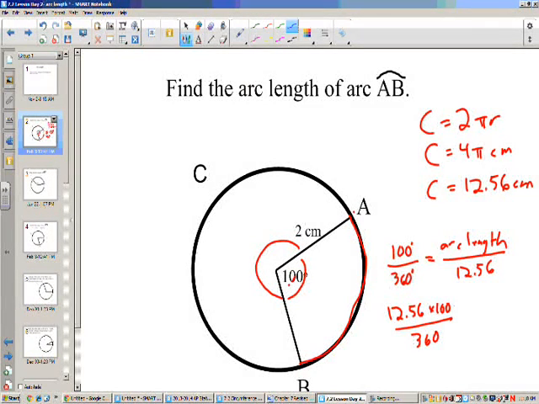I should show my work up here, multiplying by 12.56, because that's in the denominator here, so that'll cancel out. So that means this right side will just equal the arc length.